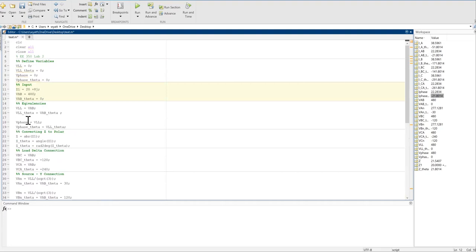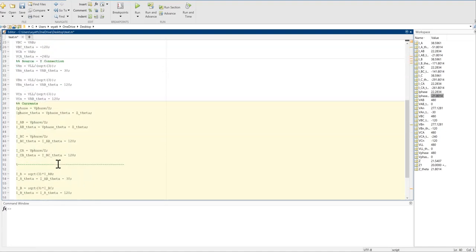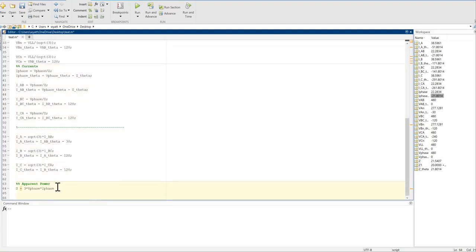As we stated later on, V phase is equal to V line. So now later on, when we do our I phase, we just do Ohm's law, V phase divided by Z, right? And then to get the angle, it's exactly the same thing as subtraction, just because it's polar. So down here, we'll repeat that, but in order to get the angle, we're going to be subtracting the angles again.